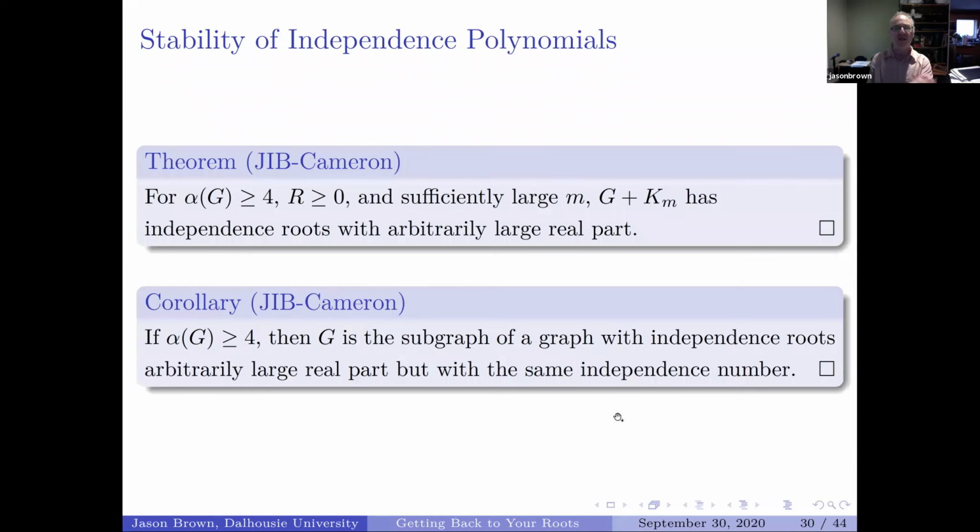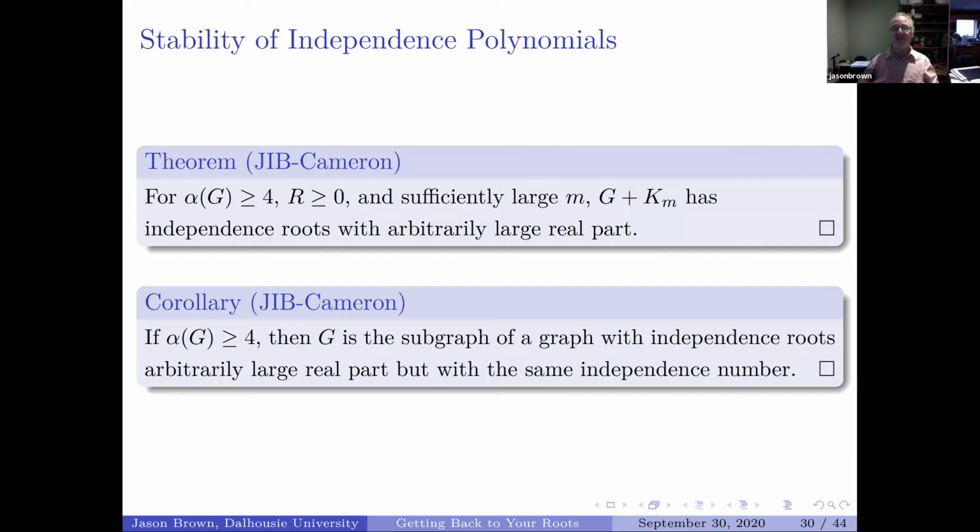And the corollary is that if the independence number is at least 4, then G is a subgraph of a graph with independence roots of arbitrarily large real part, but with the same independence number. Because when you join a complete graph, you don't change the independence number.